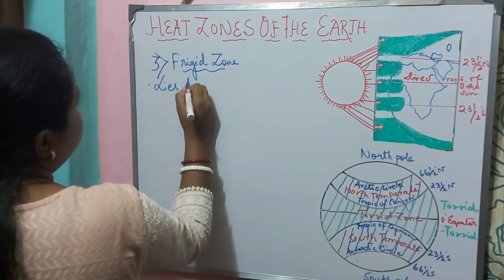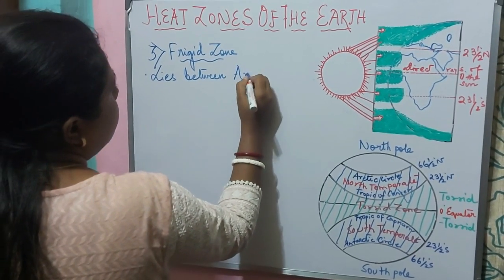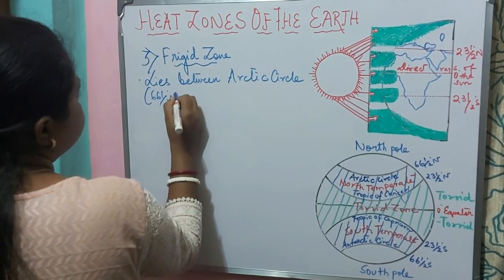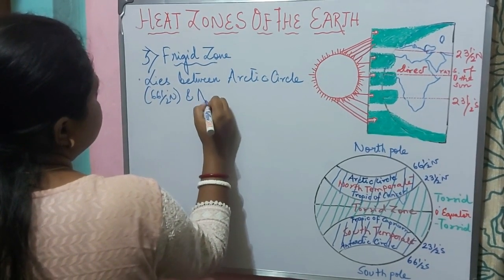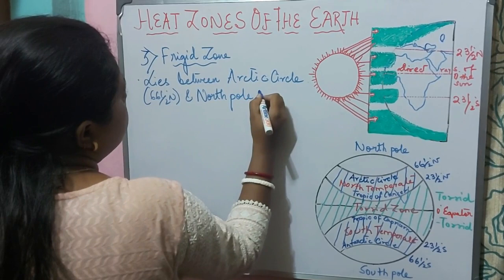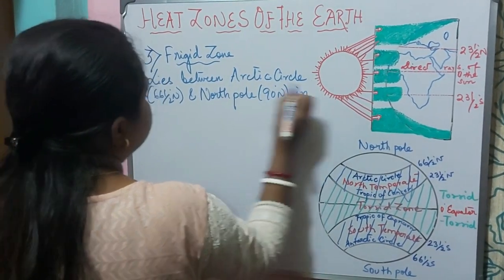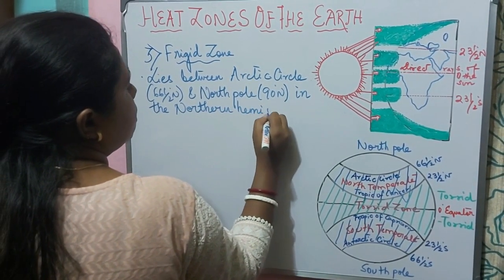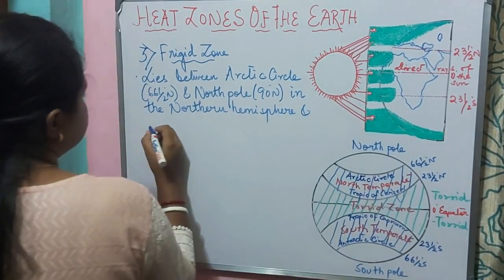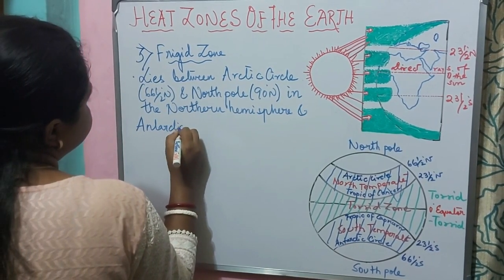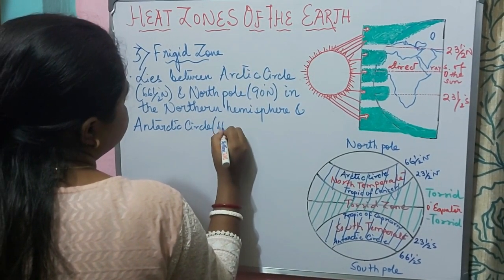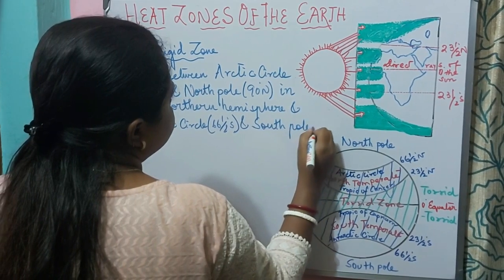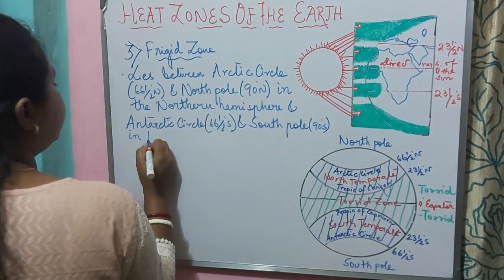So it lies between Arctic Circle and North Pole in the northern hemisphere and Antarctic Circle and South Pole in the southern hemisphere.